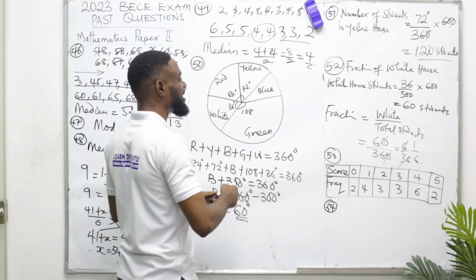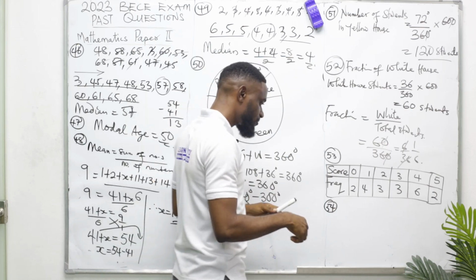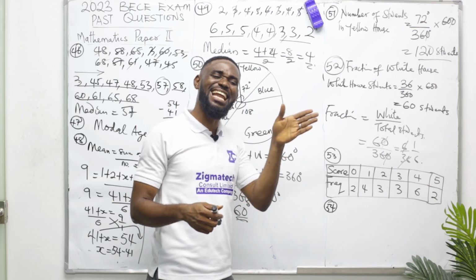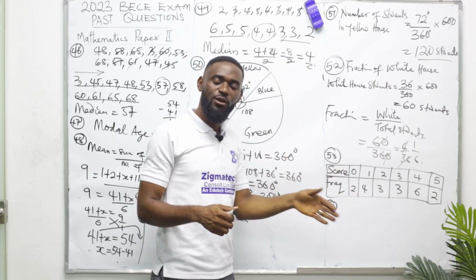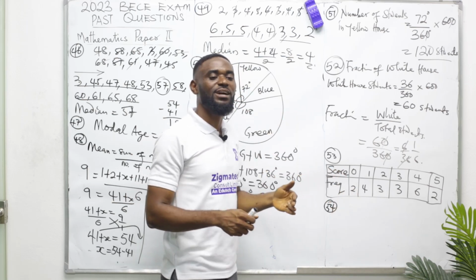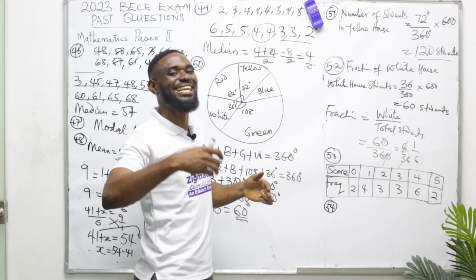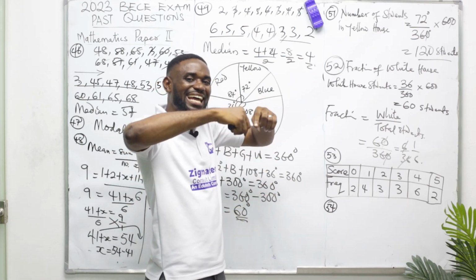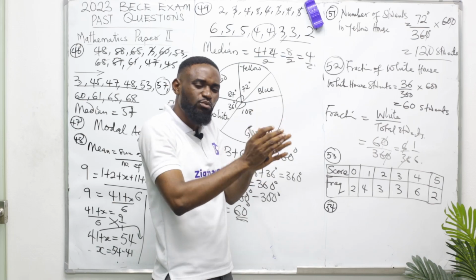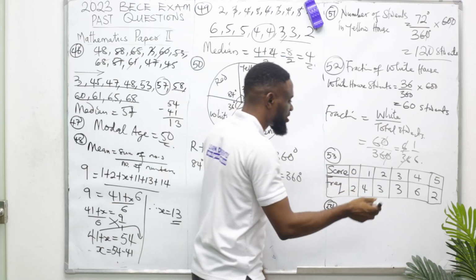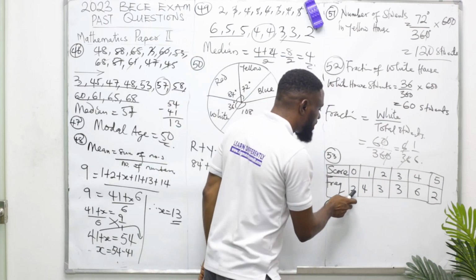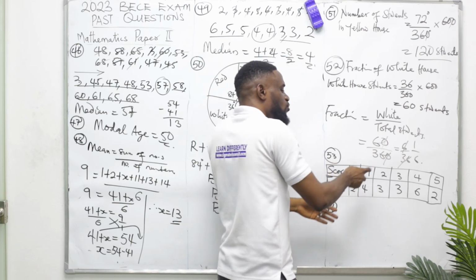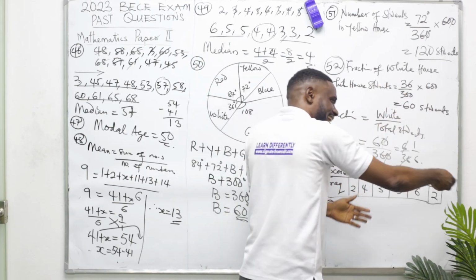So when you count up to 9, then you count from 11. From that 10 and 11, that is where the median will be. So which of the scores will we get to before we get to 10 and 11?